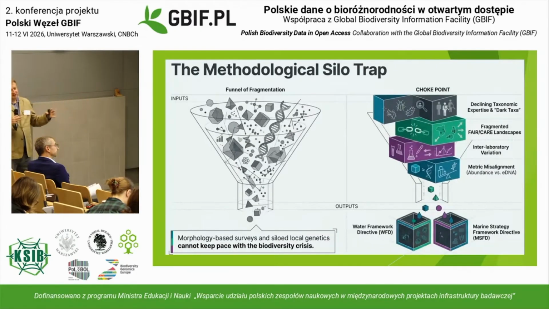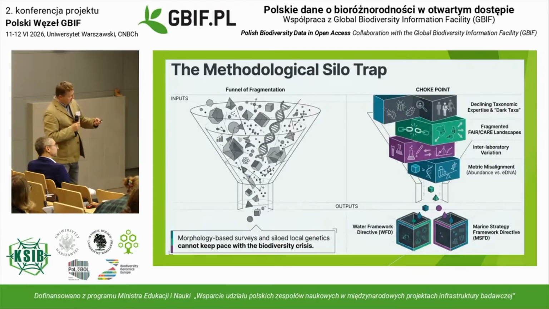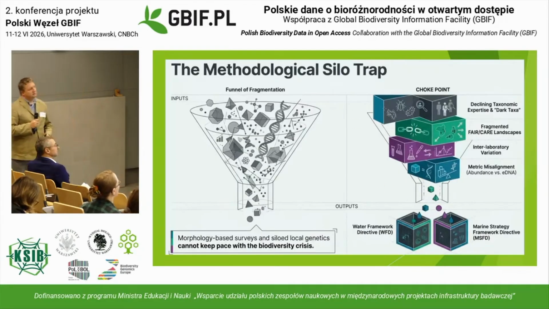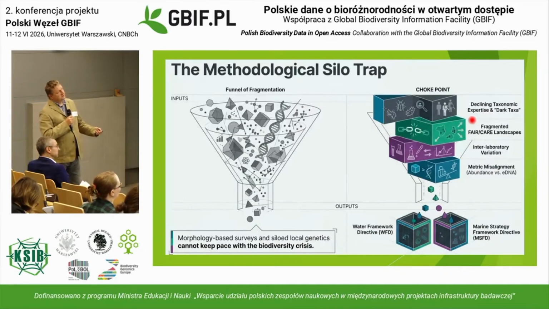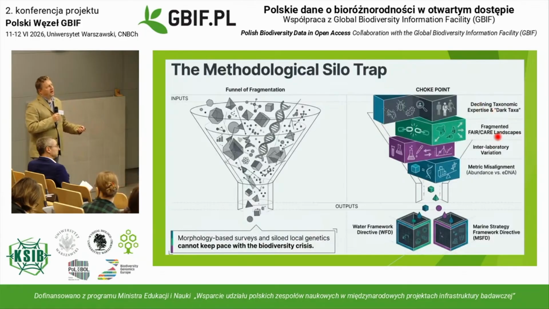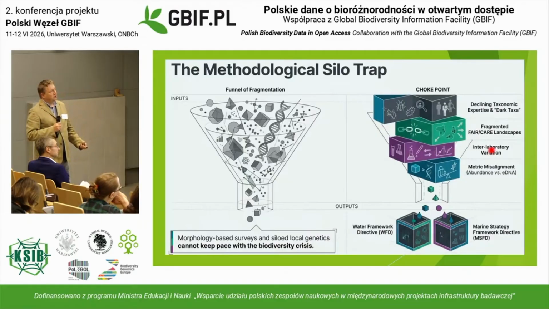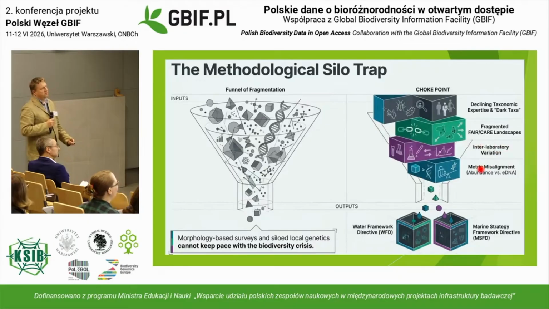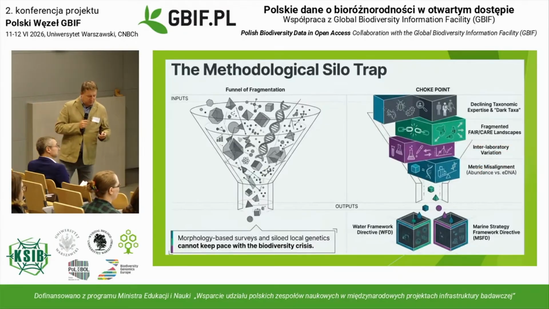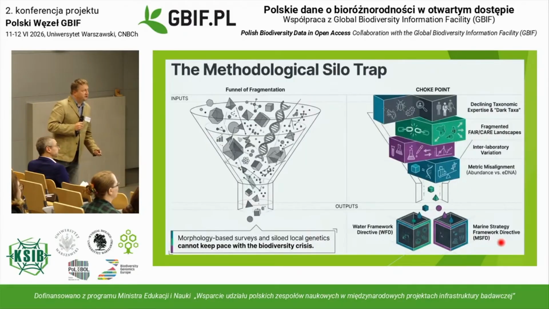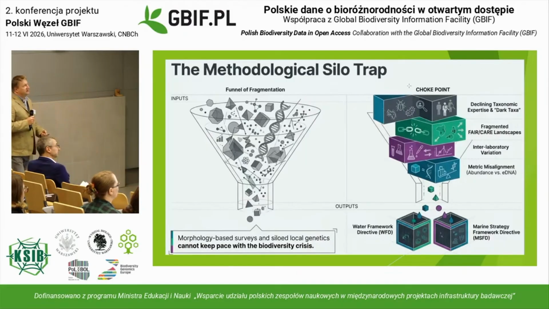So generally what was identified, and it's not hard to identify, is that there is a lot of fragmentation going on right now in biodiversity DNA-based research. We have the taxonomic impediment, we have a fragmented FAIR and CARE landscape, and then, of course, differences in lab procedures, and differences in how diversity is measured in different strategies, like the Water Framework Directive, Marine Strategy Framework Directive, and so on.